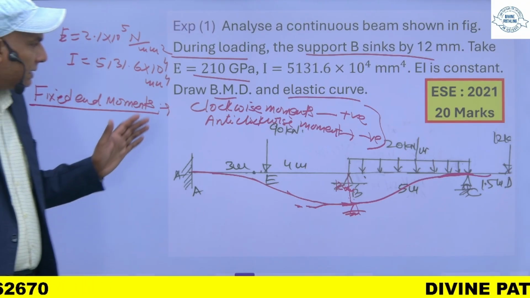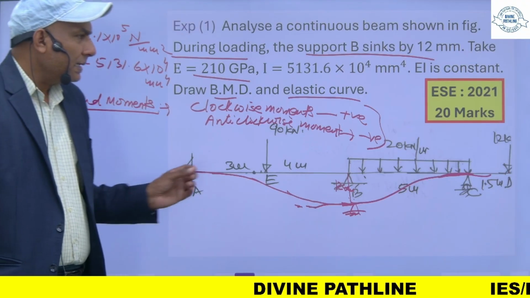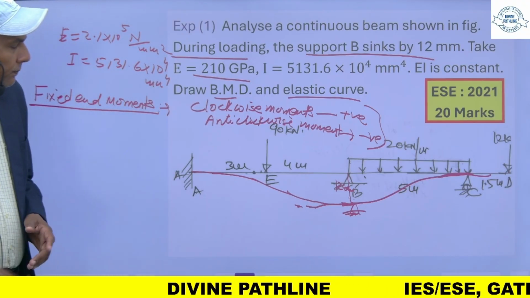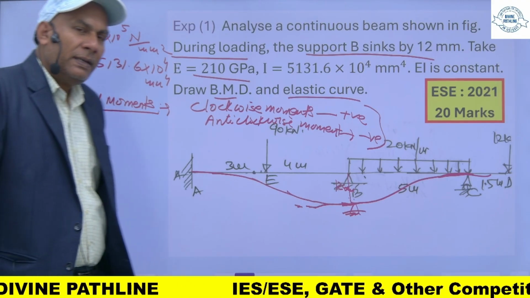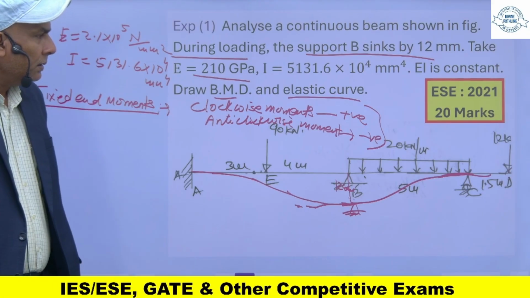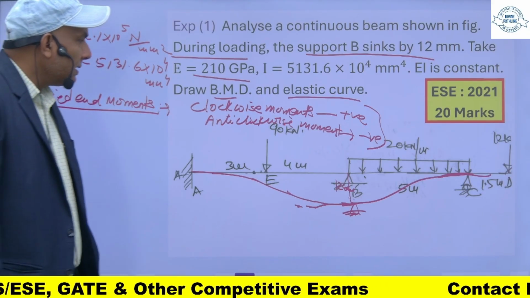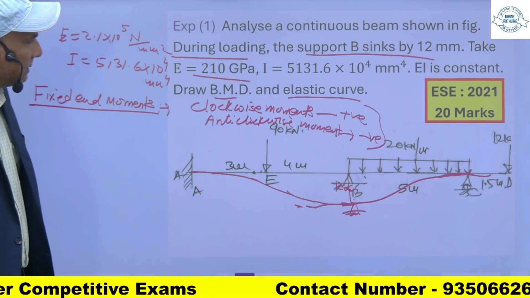It is very simple, clockwise moment positive, anti-clockwise negative. When you draw the final bending moment diagram, then you can use the concept of sagging and hogging. Before that, it is simply clockwise moment positive, anti-clockwise moment negative.